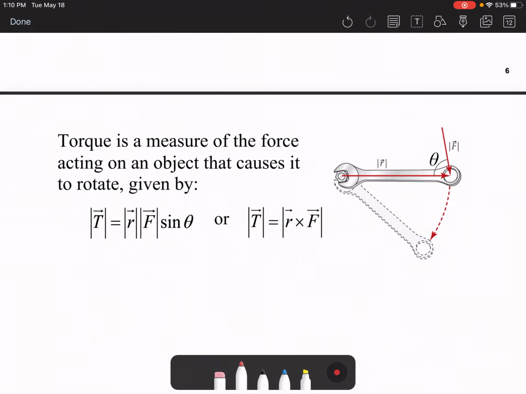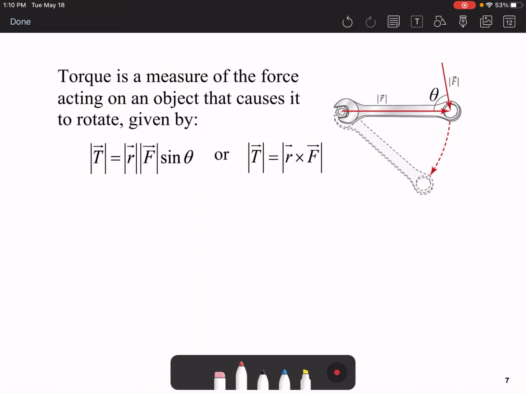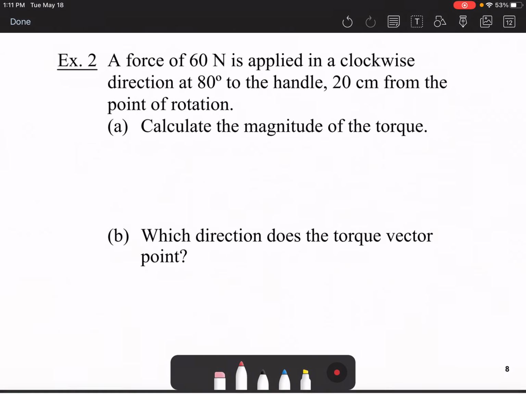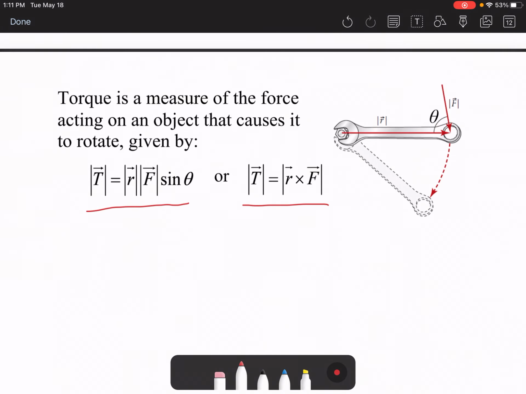Okay. Torque is another measurement of a force acting on an object that causes it to rotate, given by either this formula or this formula. So, one point of note, usually r is measured in meters.